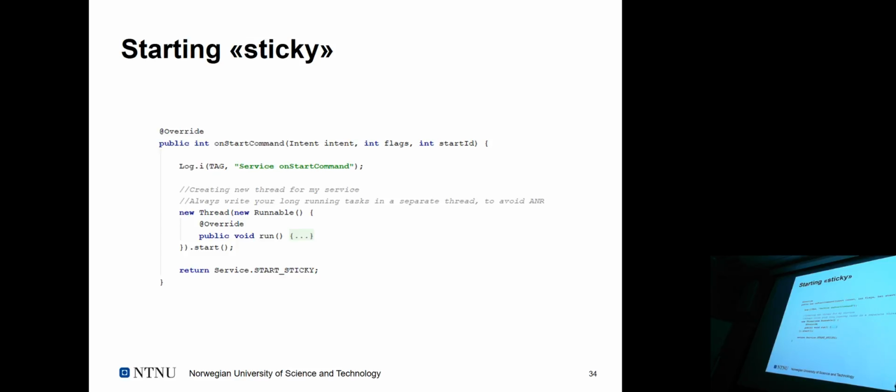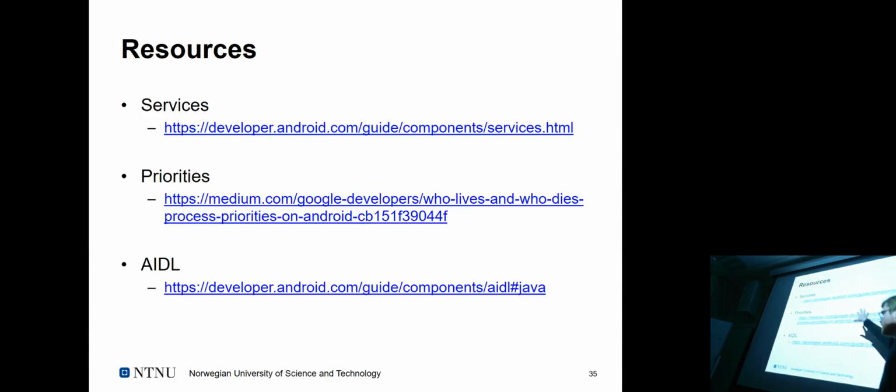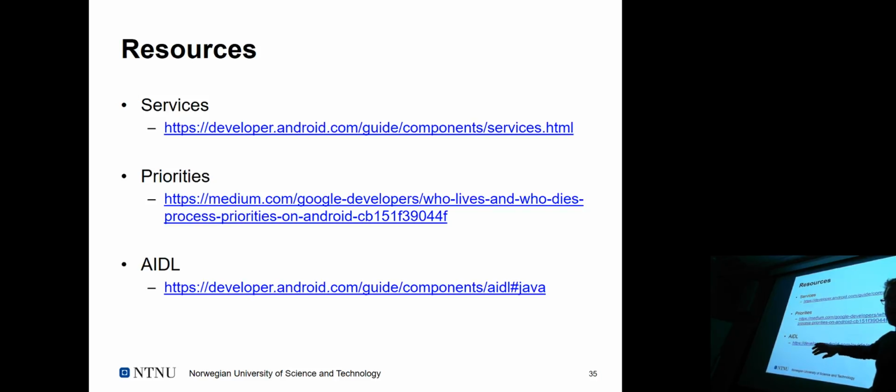And again, this has those three options of start sticky, redeliver intent, and don't start sticky. If you say redeliver intent, it will cache this intent and redeliver it when it restarts that particular service. Okay, so resources on the service bit are provided here: services, priorities, AIDL, all that kind of stuff.